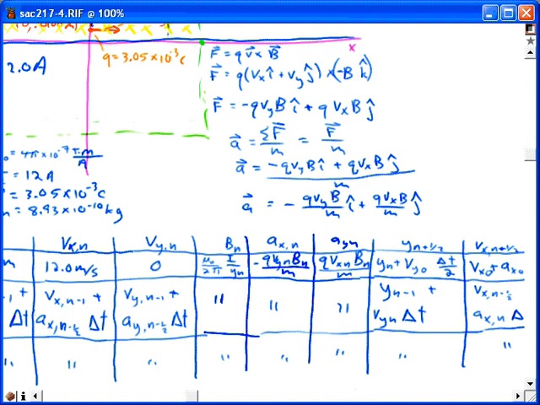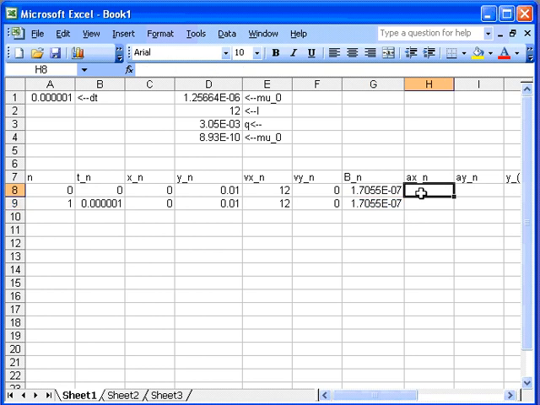Q VB over M. So equals, there's a minus sign, Q, I'll call it $D$3, times v, and I need the y component, so v y component, and then times b, that would be this, and now over m, so slash m.